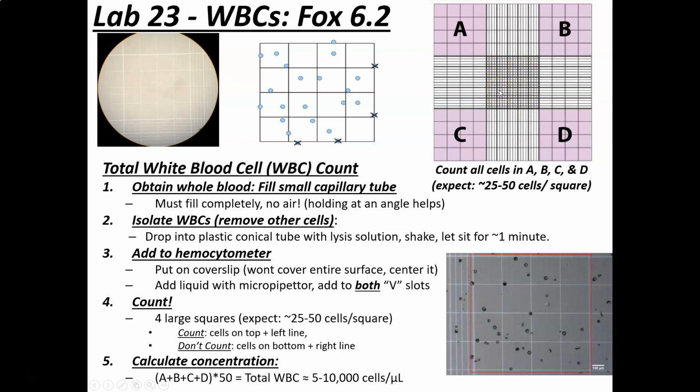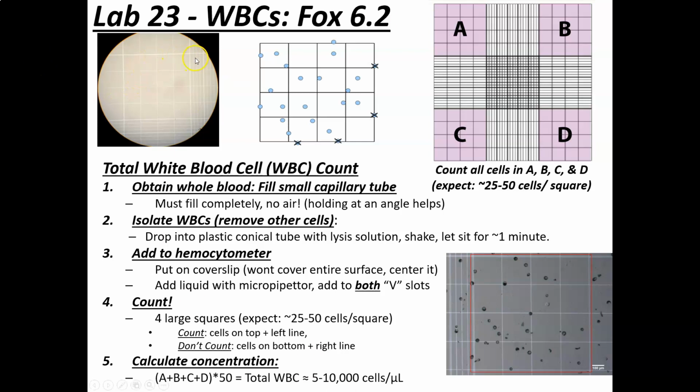In this case, we're going to use a different counting area, and we're counting these large squares on the outside corners, A, B, C, and D. Again, we're counting larger squares because the white cells are not as numerous as the red cells. They hold larger volumes of fluid, so we'll have a different dilution factor, but it's done in a very similar way.